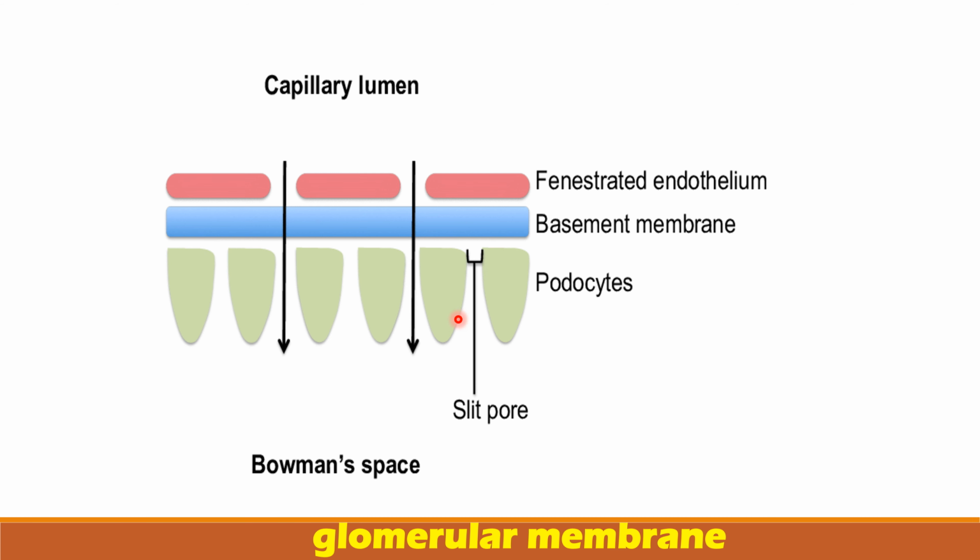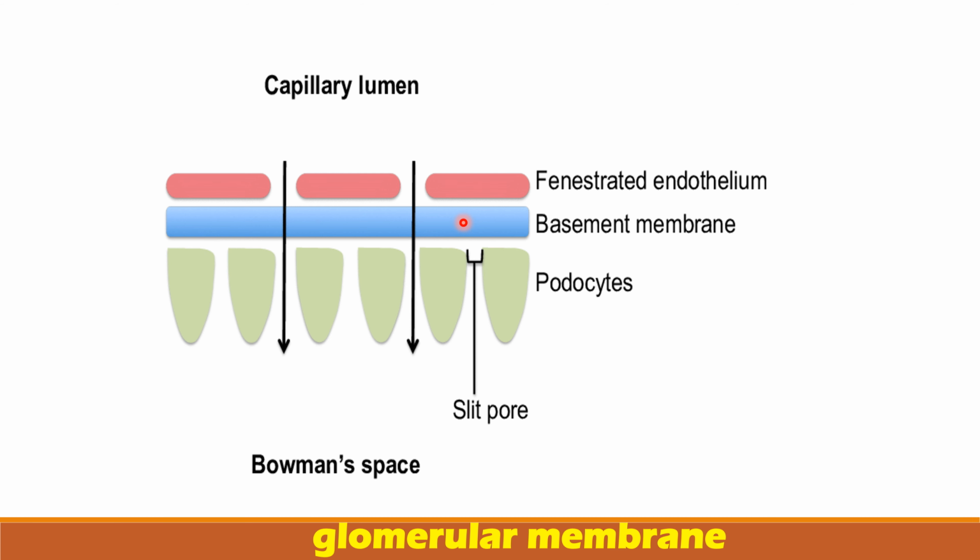The membrane layers are negatively charged, and this negative charge plays an important role in repelling negatively charged molecules from being filtered. One of the important molecules is protein, especially albumin.